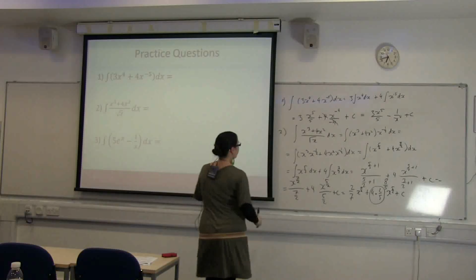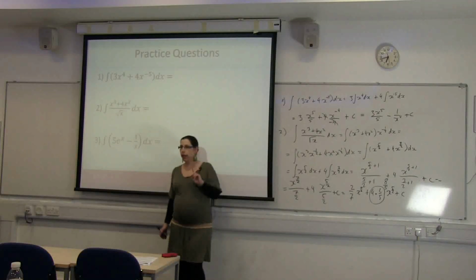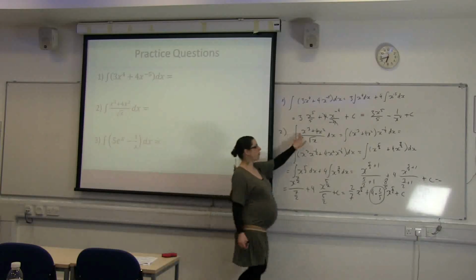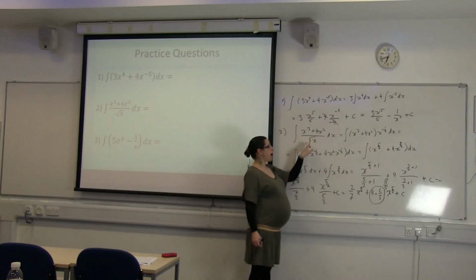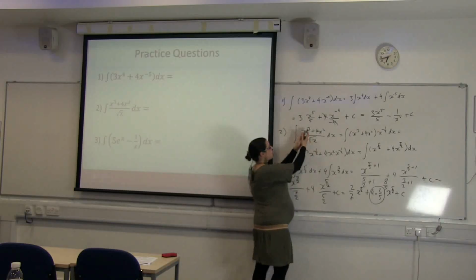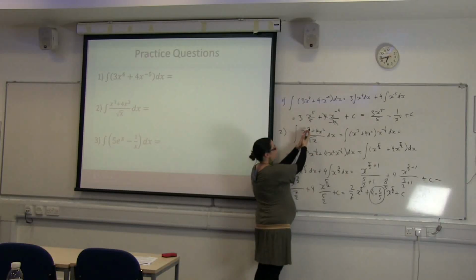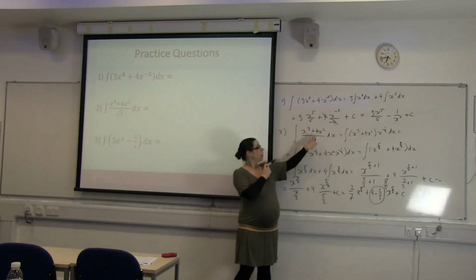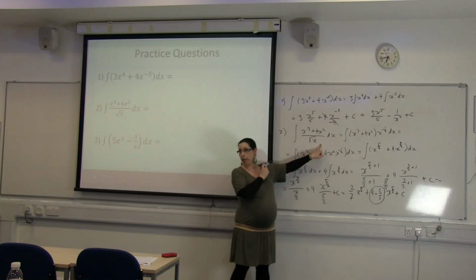Oh, before I forget, the other way I could have done it is that I know there is a sum in the numerator and it's divided by one term. It only works if you have just one term. But what I can do then is separate the integral out into x cubed over root x plus 4x squared over root x.